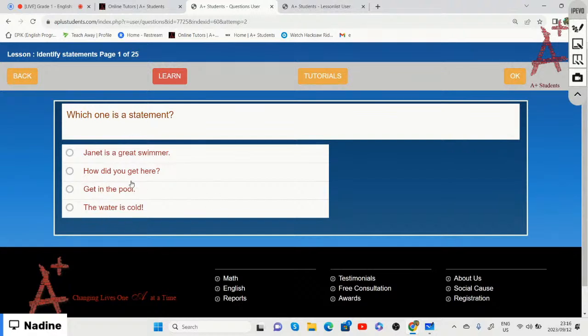So we need to choose one of these sentences and say that it is a statement.